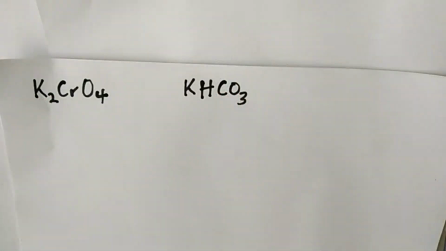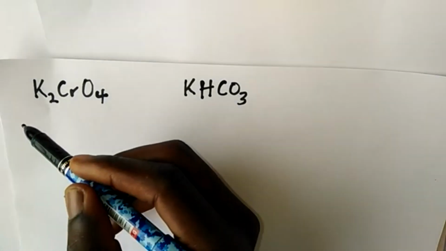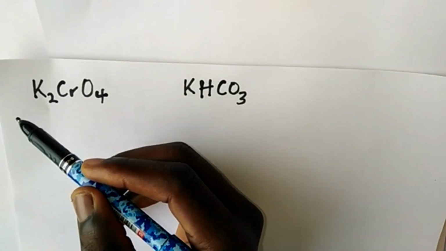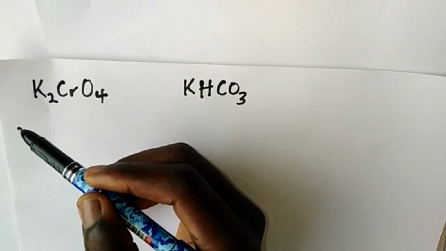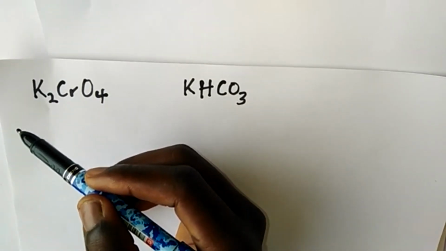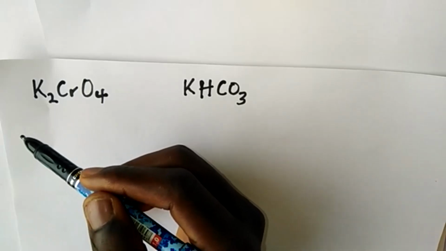Oxidation number of chromium and also the oxidation number of carbon. Now for the first one, to get the oxidation number of chromium, you know potassium, by the way, is in group 1, and you know group 1 elements have 1 valence electron, right? So potassium has a number from the periodic table you get as 1 to use in finding oxidation number.